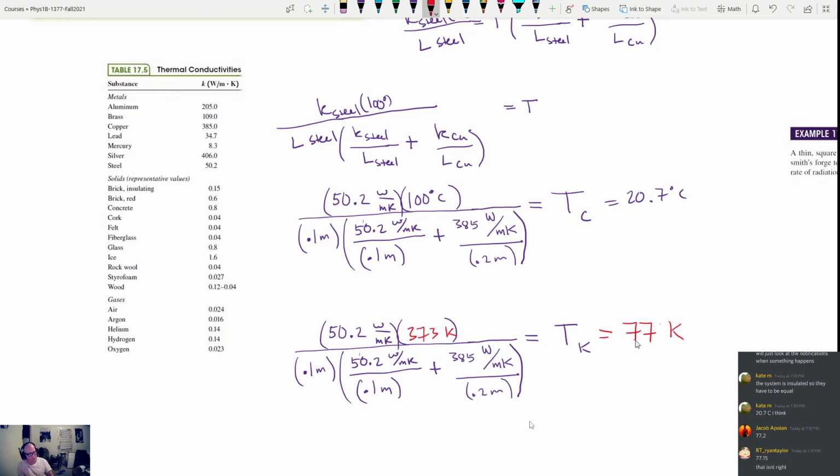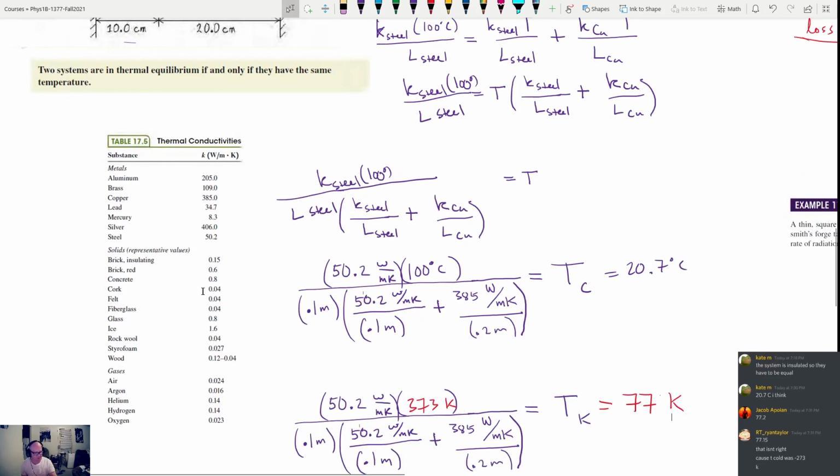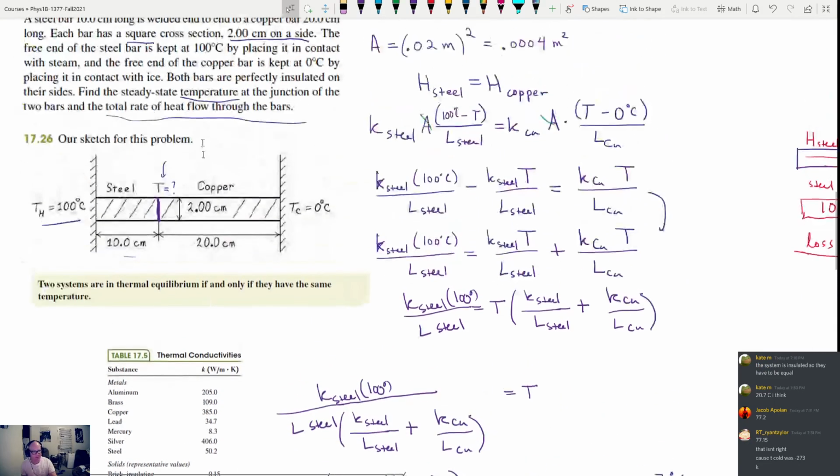I know, but I want to hear you all kind of work it out. Because T cold was 273. That's right, Ryan. So actually, if you go back to our equation here, we would need to change this to 273, which means there would be another term right here that would be like minus K copper.